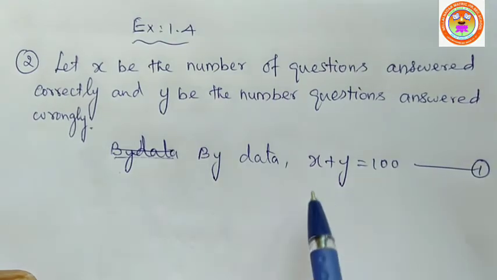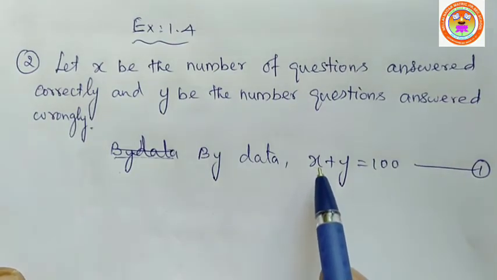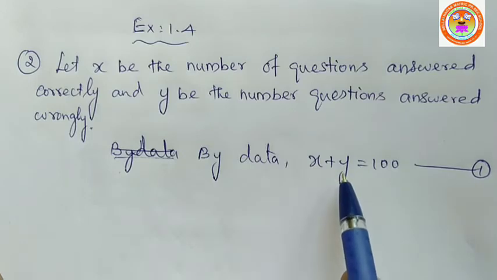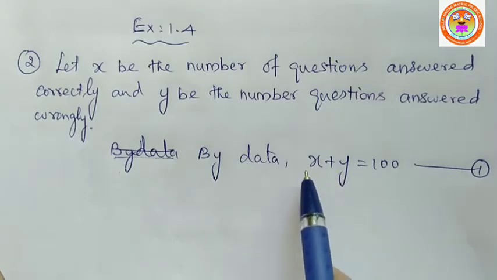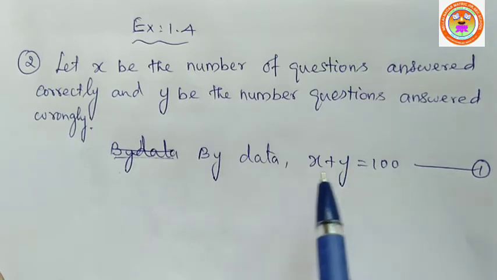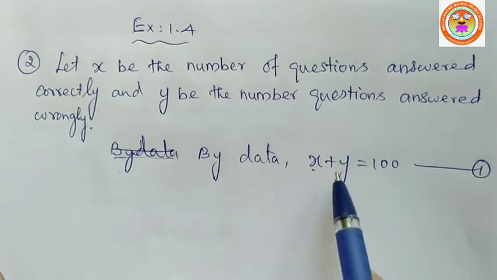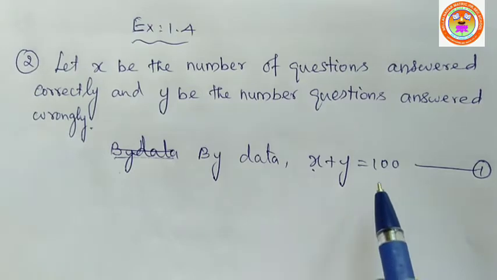That means x is the number of questions answered correctly, y is the number of questions answered wrongly, but he answered all 100 questions. So the sum of x and y is equal to 100.